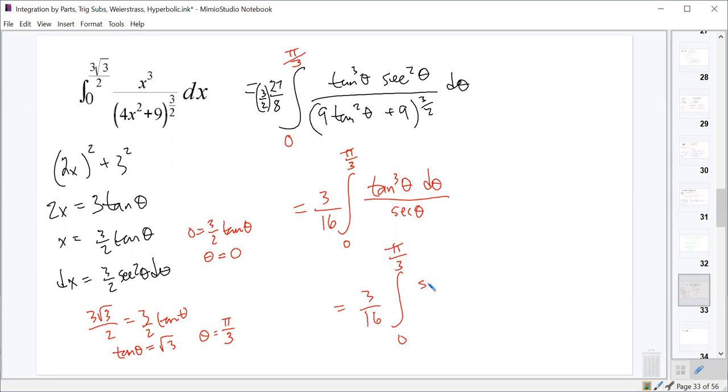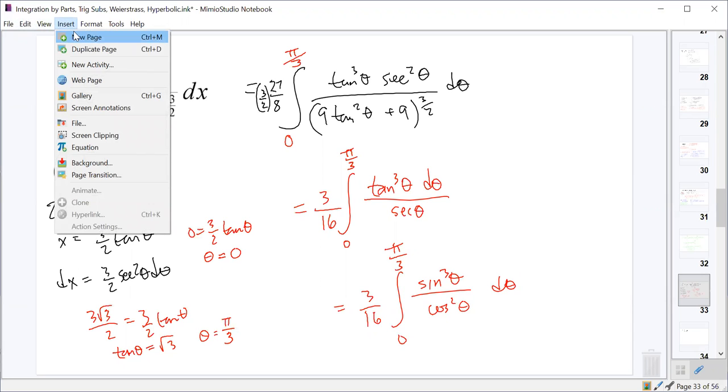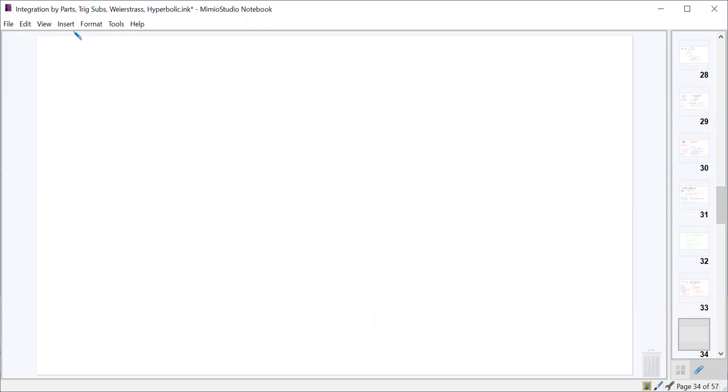Good, Nick. So this is sine cubed theta over cosine squared theta d theta. All right, and how are we going to go about integrating that? That one's a pretty straightforward integral. What u substitution can we make?